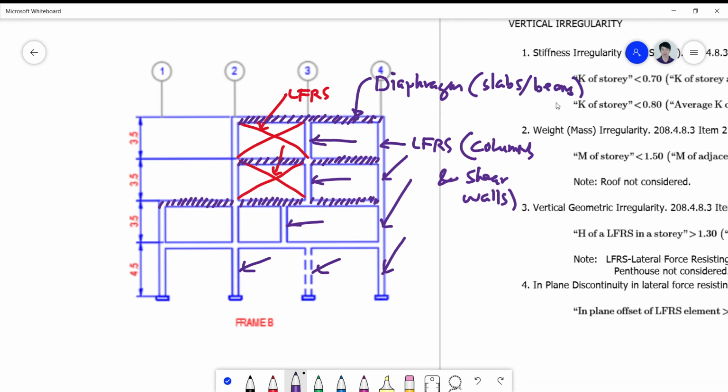Okay. When we're talking of other elements in the configuration of your building, we only have to consider, of course, those elements which are major part of the building. So other elements which are non-structural in nature can be neglected.